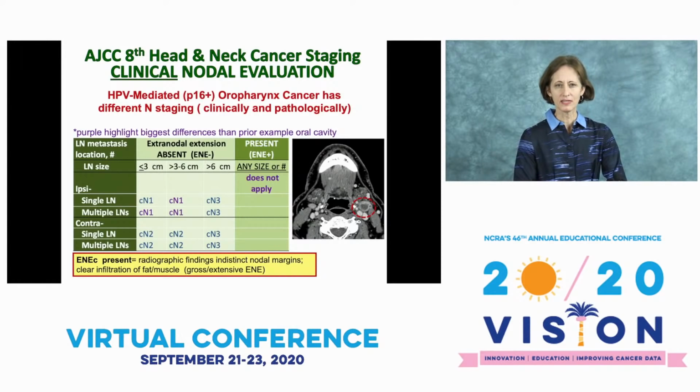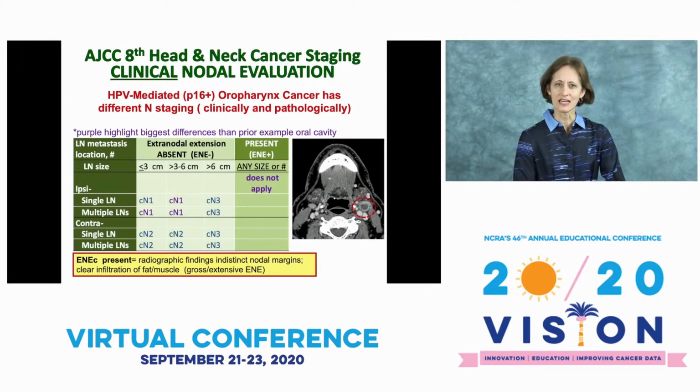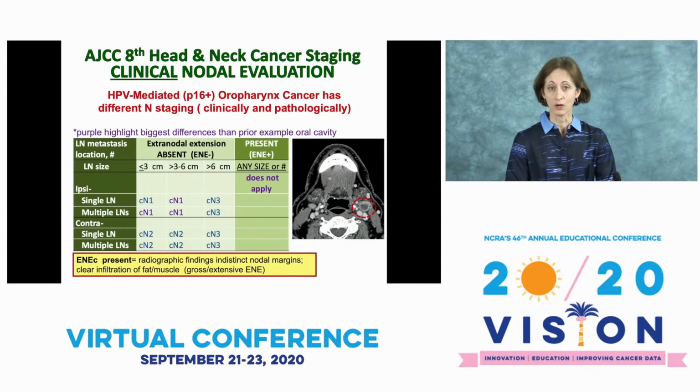So HPV-mediated P16 positive oropharyngeal cancers are different. And I'll talk a little bit about why they're clinically different and pathologically different. But what I want to say is that the extranodal extension, which we actually still apply to our cases, does not change the pN. And so that's what this is implying.